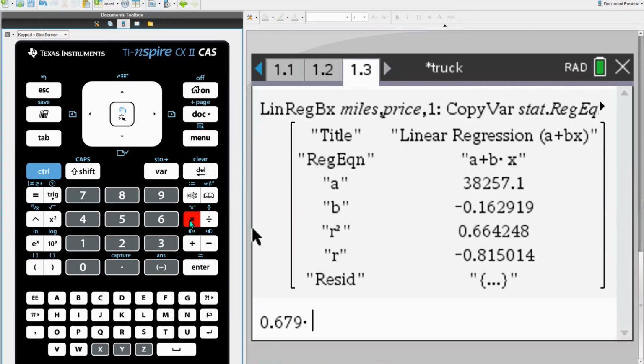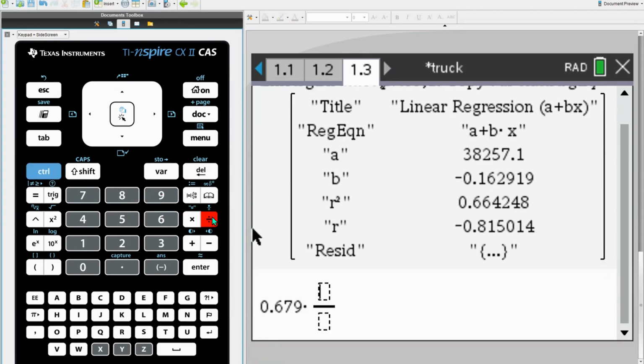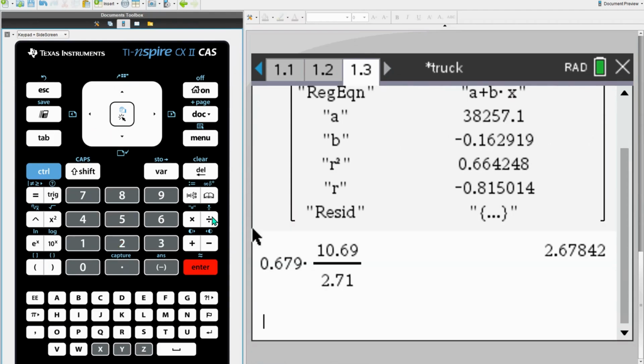Let's multiply that by the fraction 10.69, all divided by 2.71, and we get 2.67842. All right. Let's go back to our notes.